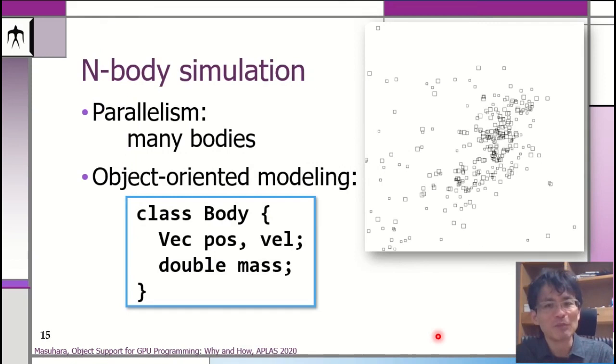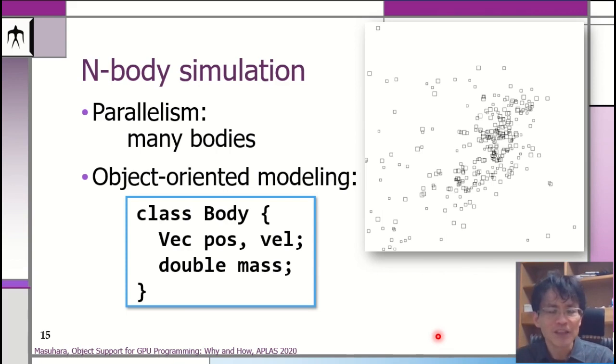Anyway, what kind of programming concepts are useful in this application? The first thing we can notice is that the source of parallelism comes from the many bodies. So in N-body simulation, by performing the force calculation and the position updates for each body in parallel, we can get the parallel speedup. So we need some support for applying the same function to many object bodies.